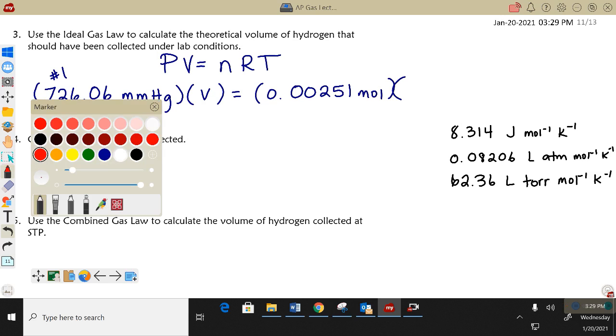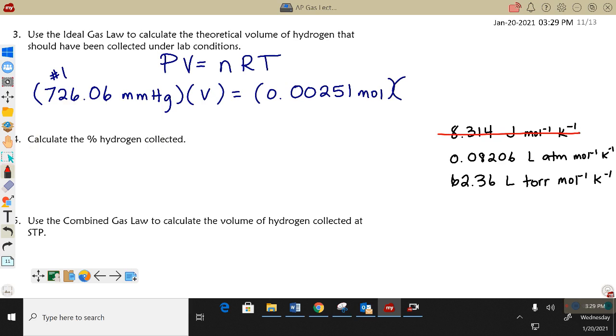When you're looking for a version of R, this is not the one you're going to use with gases. Now it's kind of weird because it says R, gas constant. Not this guy yet. This one that's got joules in there, we will use it, but we'll use that a lot later when we're also bringing in like some thermochemistry and like heat transfers.